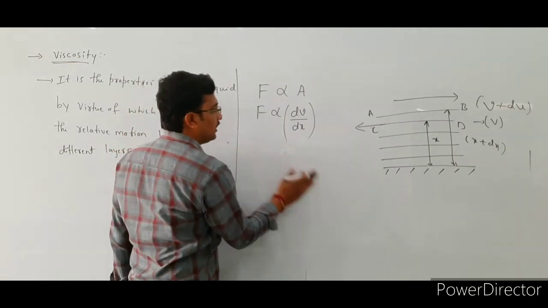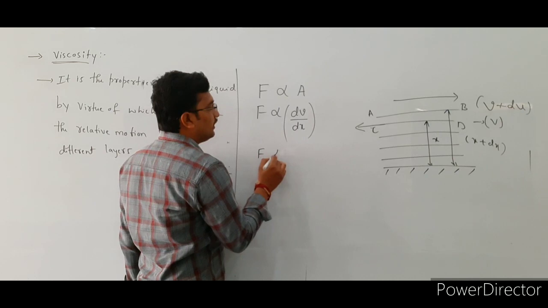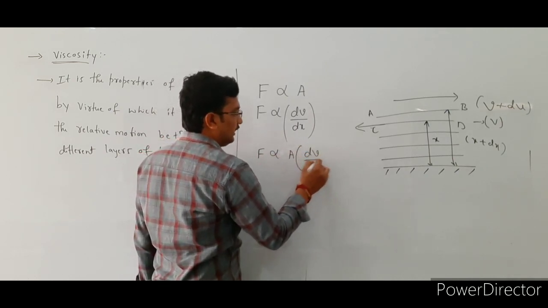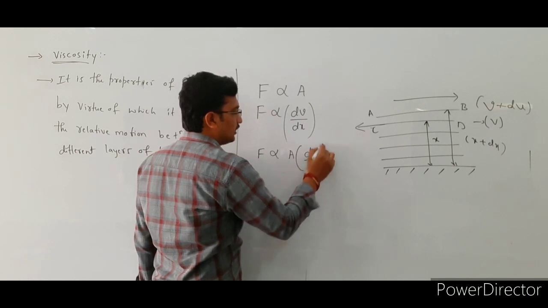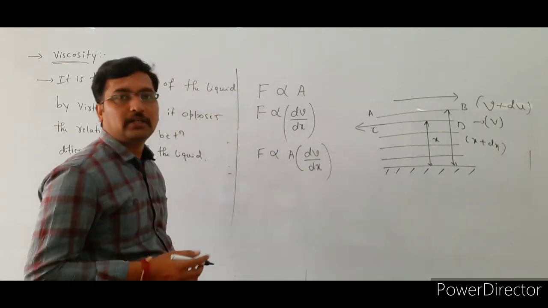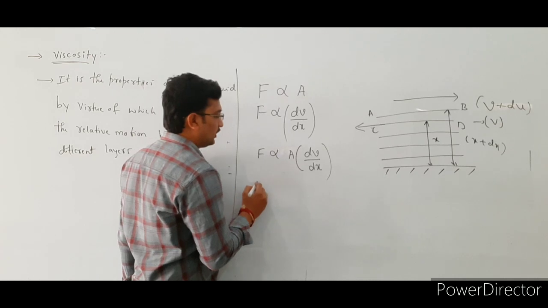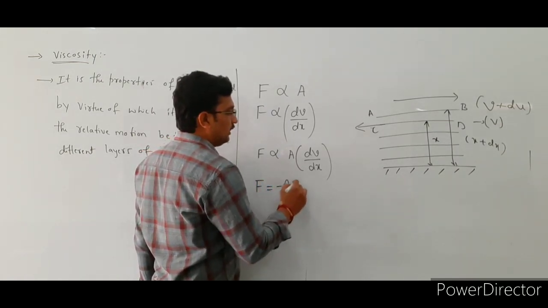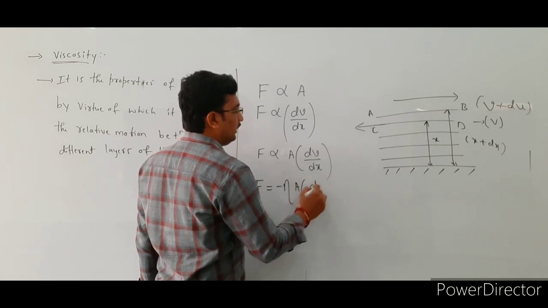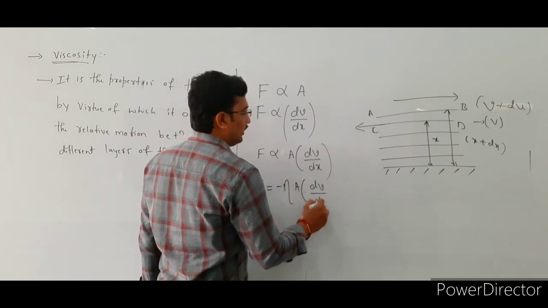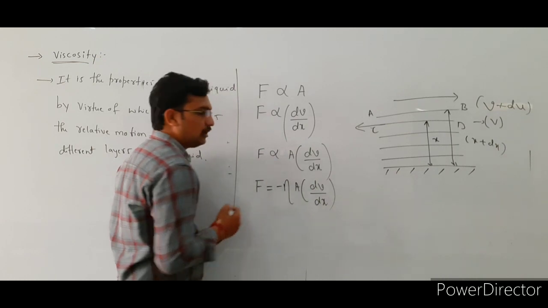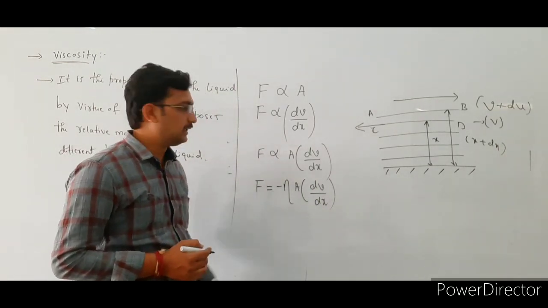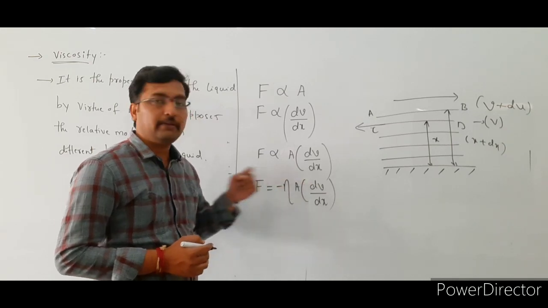From these two relations, F is directly proportional to area into dV by dx. To remove this proportionality, we use a constant. So F is equal to minus eta area into dV by dx. This is the viscous force.